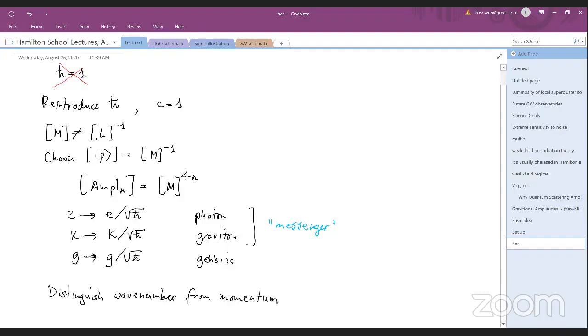To do that, we're going to introduce a notation. So p bar is going to be p over h bar. This is the original momentum, and this is the wave number.